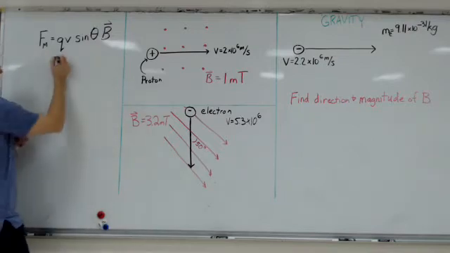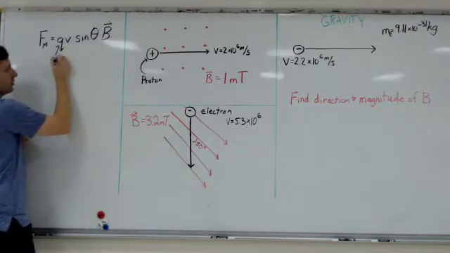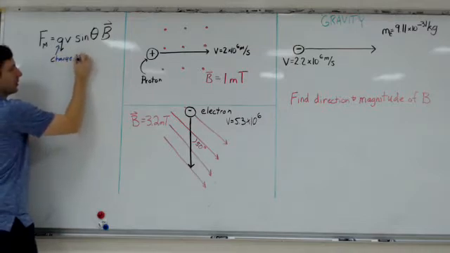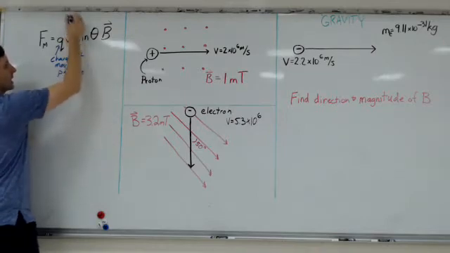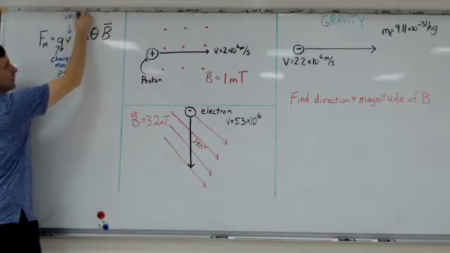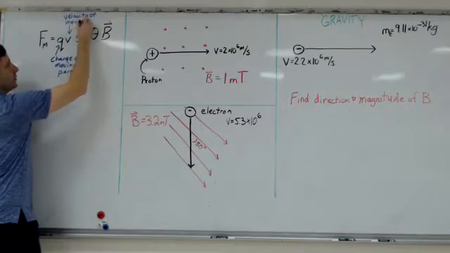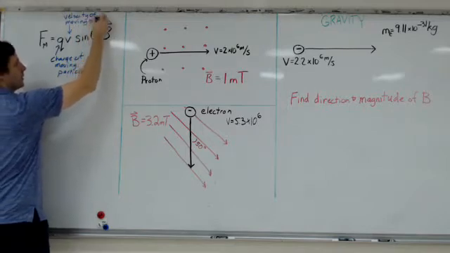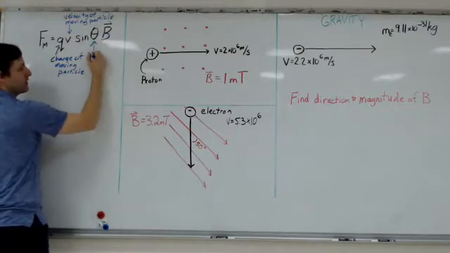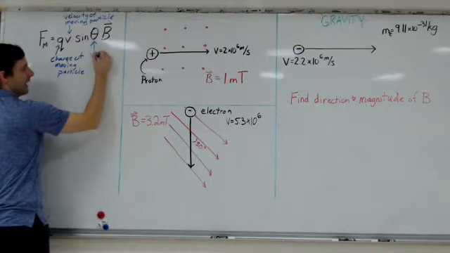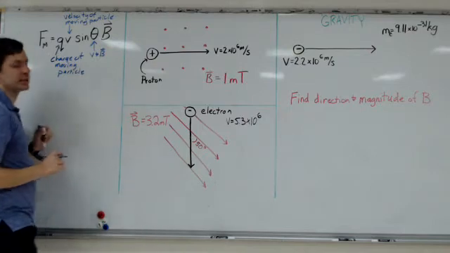All right, so again, charge of the moving particle, the velocity of the moving particle, okay, the angle is the angle between the velocity and the magnetic field. All right, and we'll look at one of those in just a second here.